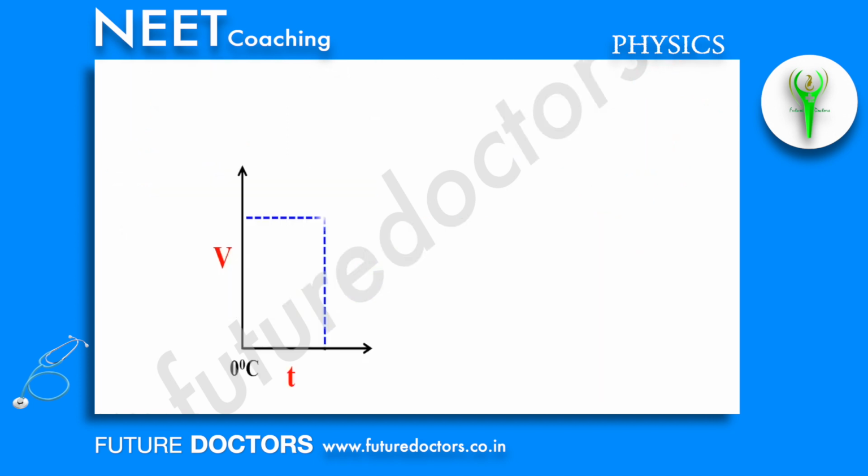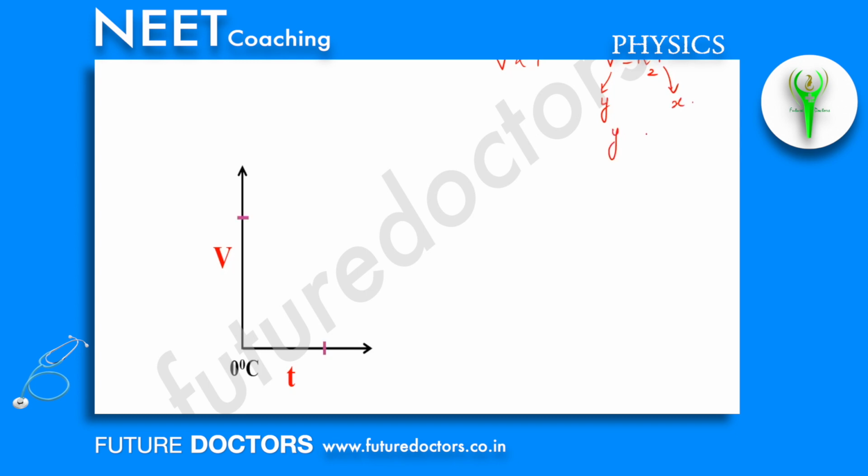So when you are plotting volume against temperature, here we have to see volume is directly proportional to temperature, or V is equal to K2 into T. Volume is plotted on the y-axis, temperature on the x-axis.